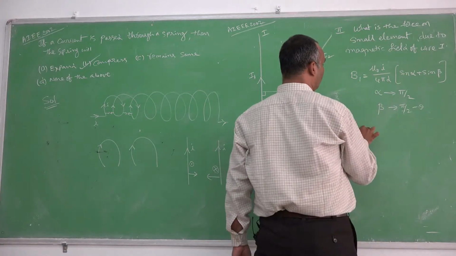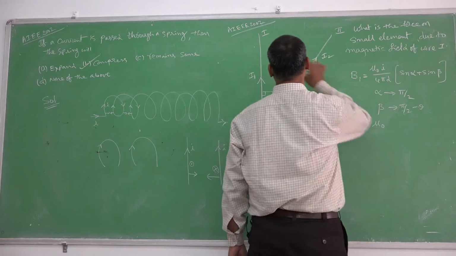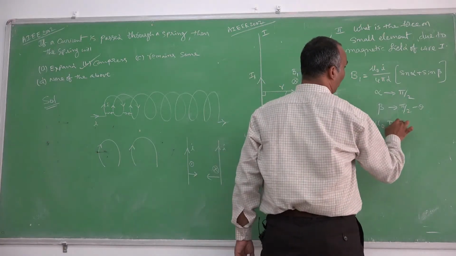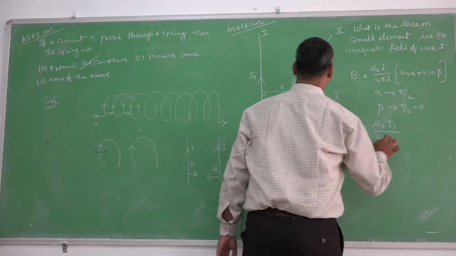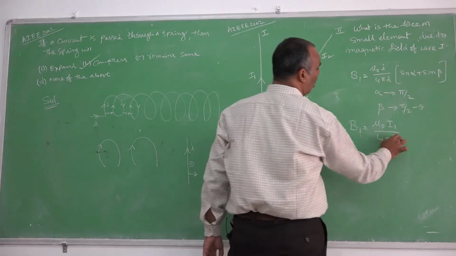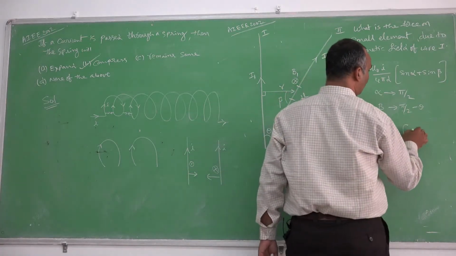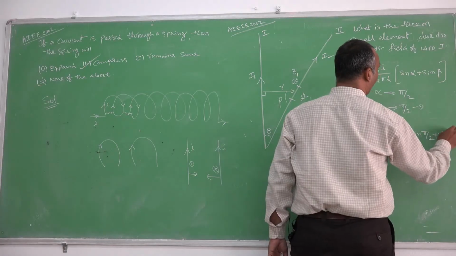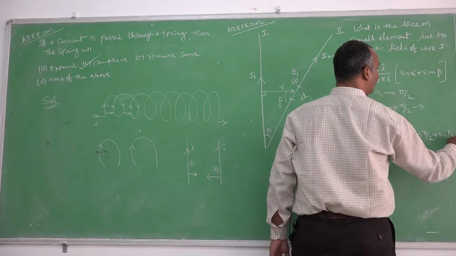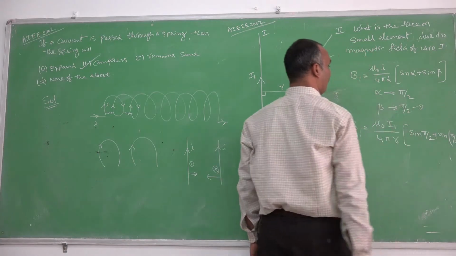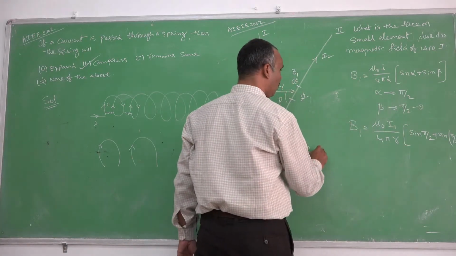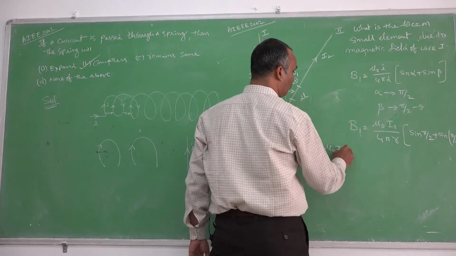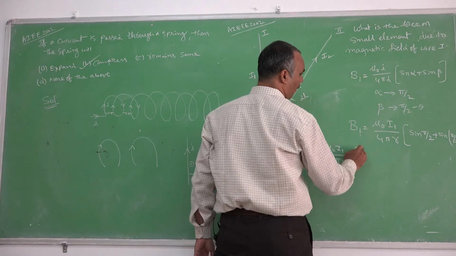So the magnetic field due to the first conductor is mu naught times the current I1 by 4 pi, the distance of the point is r, into sin pi by 2 plus sin (pi by 2 minus theta). So B1 is equal to mu naught I1 by 4 pi r.